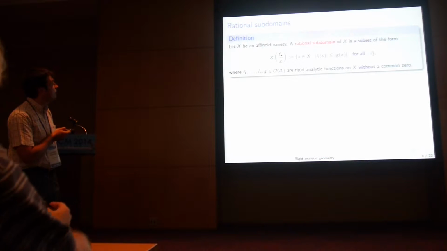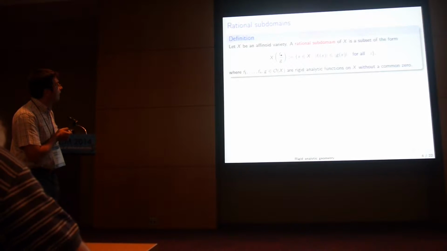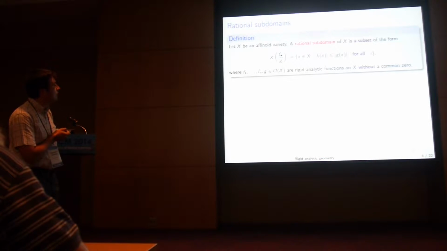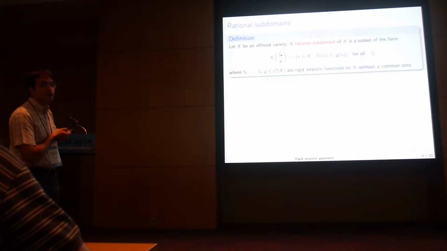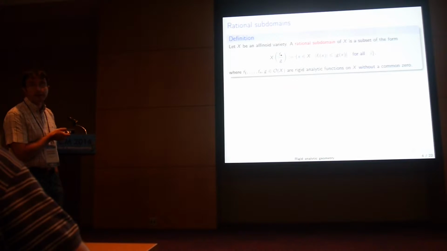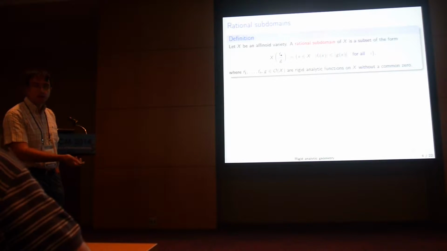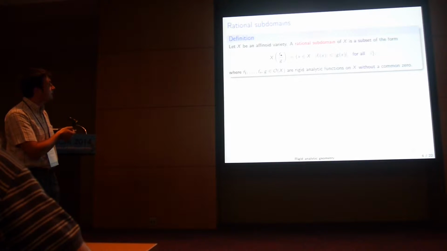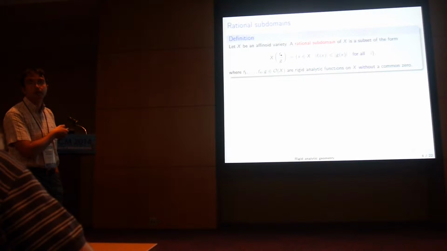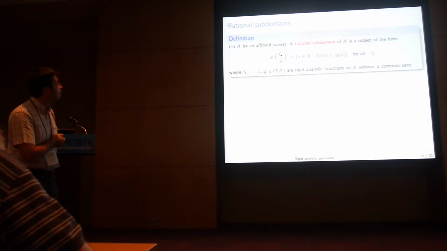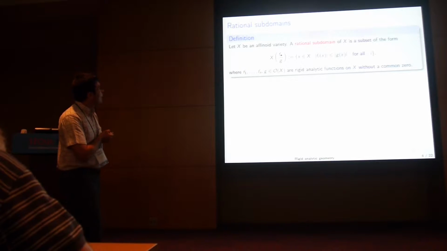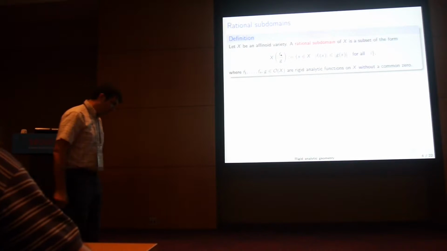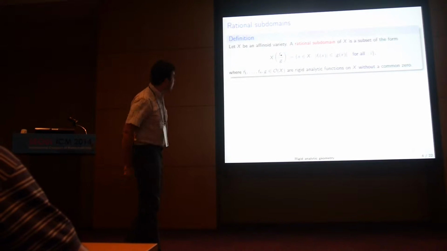Note that if I have an element f_i in that algebra that I started with, then f_i(x) is an element of the residue field, which is a finite extension of the ground field, and it carries a unique extension of the norm on K. And so this makes sense. This is a real number, and I can talk about this inequality. So this is some kind of analog of a basic open set D(f) in algebraic geometry.